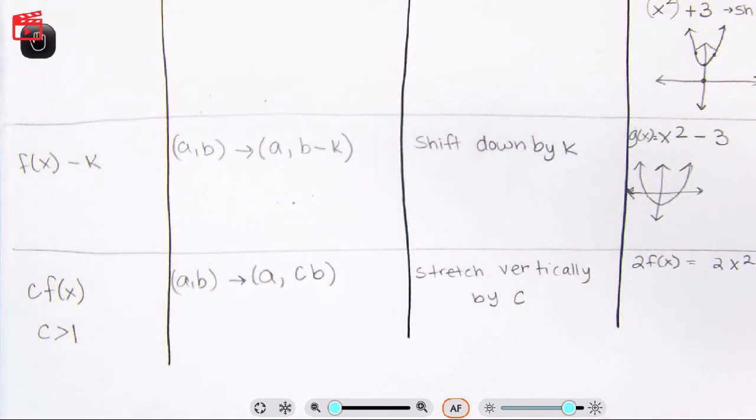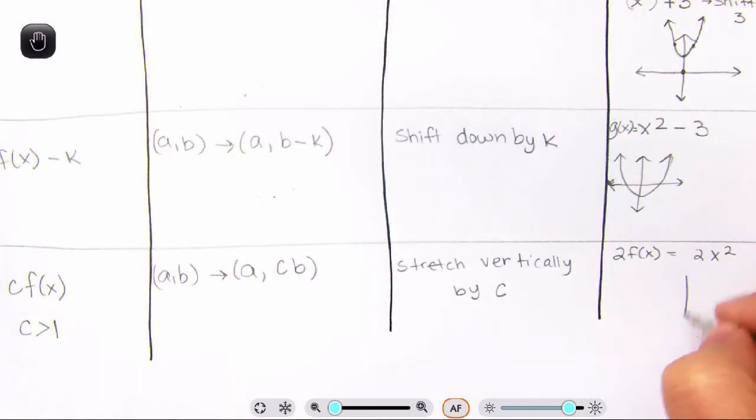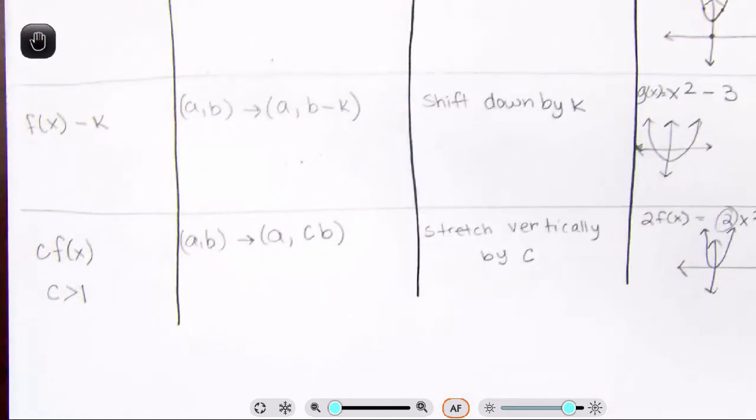And how would that look? Well, that just means all of my y values are being doubled. So I am stretching it vertically. That means I am making it skinnier and taller. I'm just making it taller, multiplying my y values by 2, because that's what I'm doing here. Multiplying the function that is outside the bubble by 2.